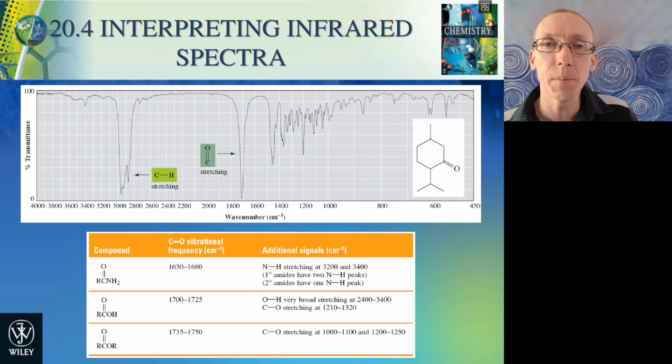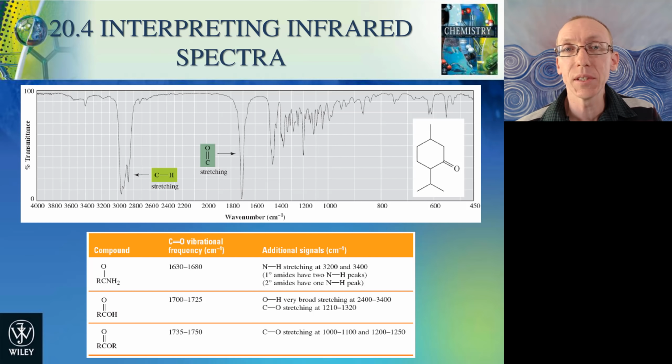So it turns out in different carbonyl compounds, we see different frequencies and different features of the infrared spectrum, depending on what type of carbonyl compound it is. So a carbonyl group is a CO double bond, but that could be present within a ketone, or it could be present within an amide, or a carboxylic acid, or an ester.